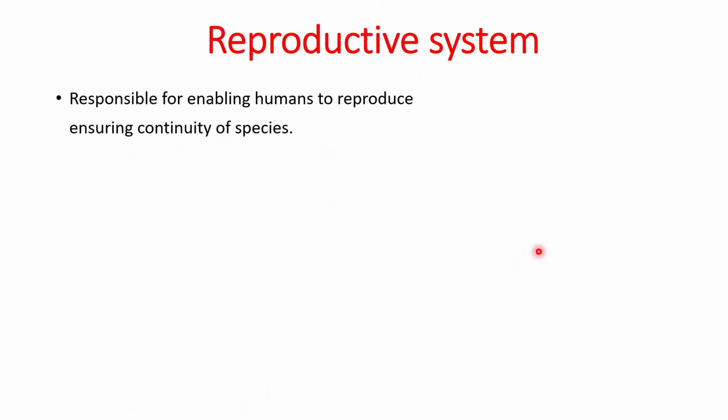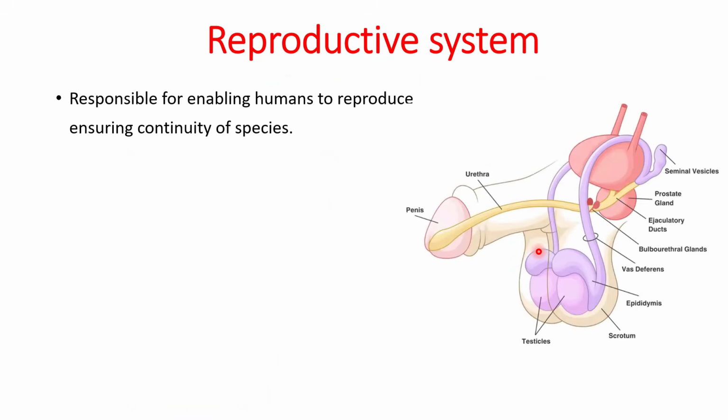The reproductive system, as we wrap it up, will contain two parts. The reproductive system is responsible for enabling humans to reproduce, ensuring continuity of species.